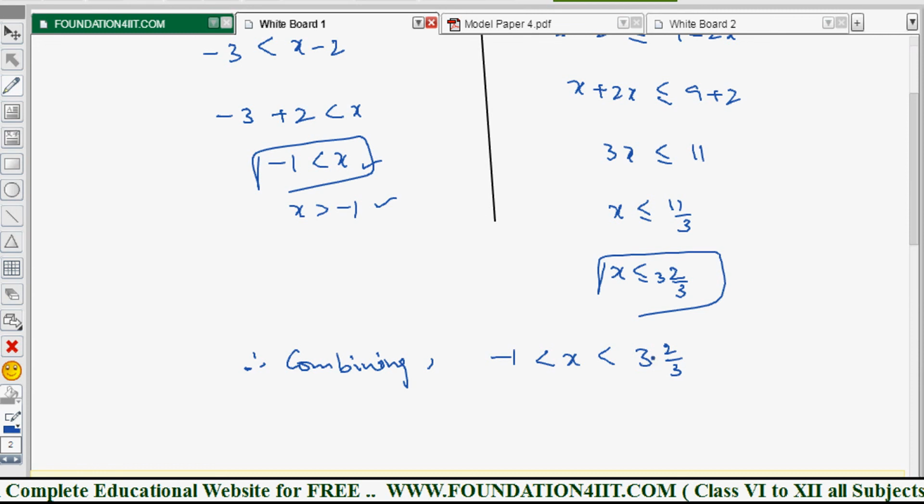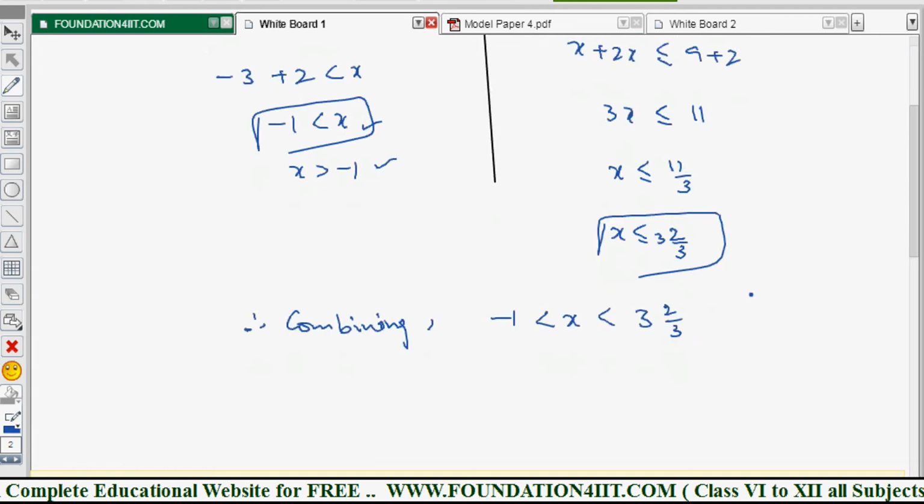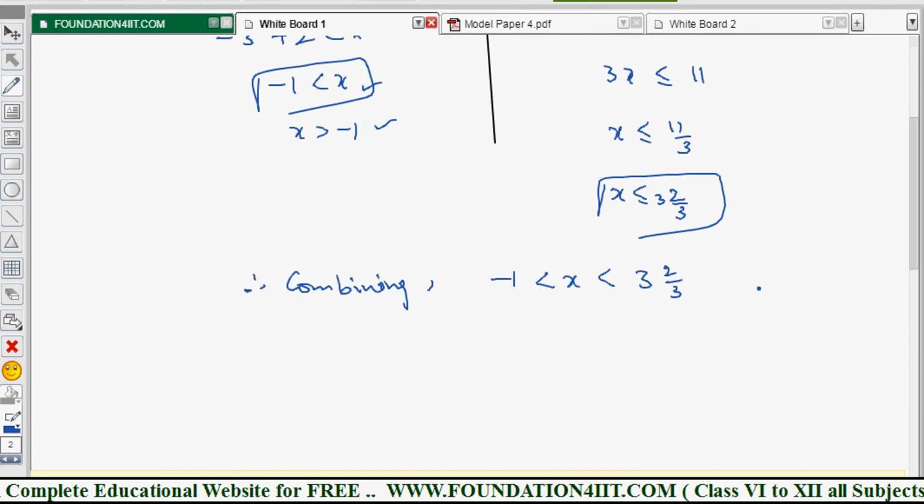So 3 is also there, and only natural numbers. That means from 1 onwards. So 1 2 3 itself. Therefore x belongs to natural numbers. Then solution set, that is only we have 1 2 3. That's it, because it's more than 3 2 by 3.